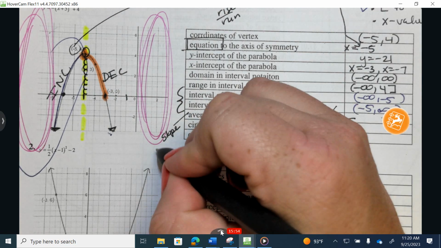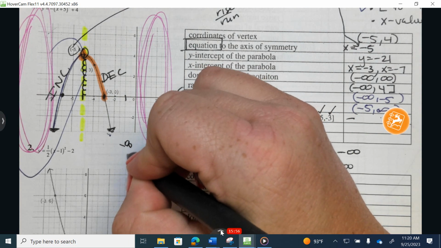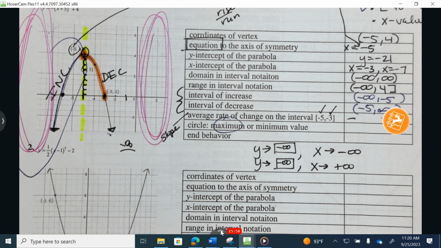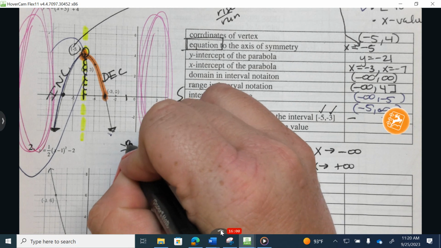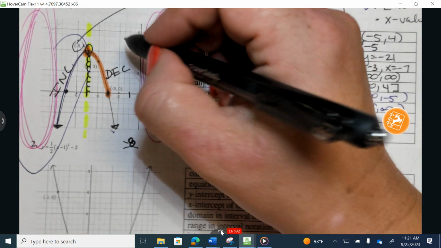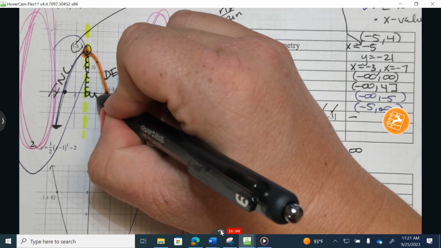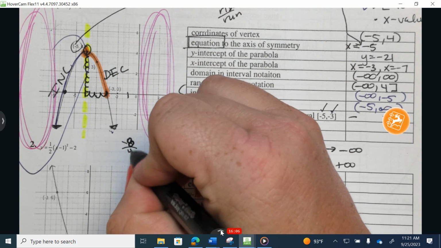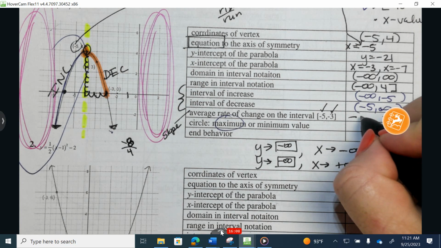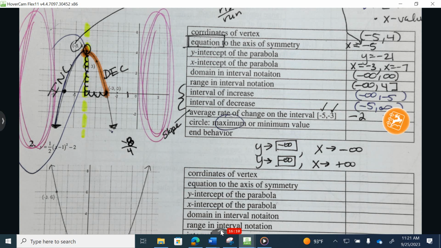I just went 8 down. That's not an infinity, that's a negative 8. 8 down. Now I have to go to the right. 1, 2, 3, 4. Negative 8 divided by 4 is negative 2. I believe the rate of change from negative 5 to negative 3 is negative 2 over 1.